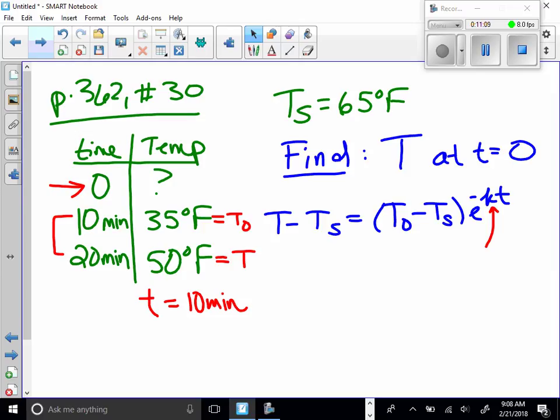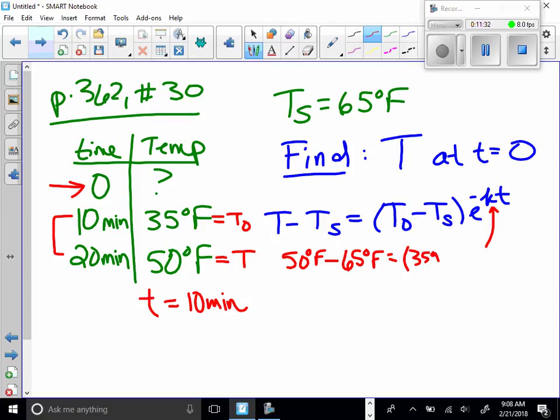Okay, so we can use the information between 10 and 20 minutes to figure out what K is. Okay, so if we substitute all this in, T is going to be 50 degrees Fahrenheit. TS is 65 degrees Fahrenheit.